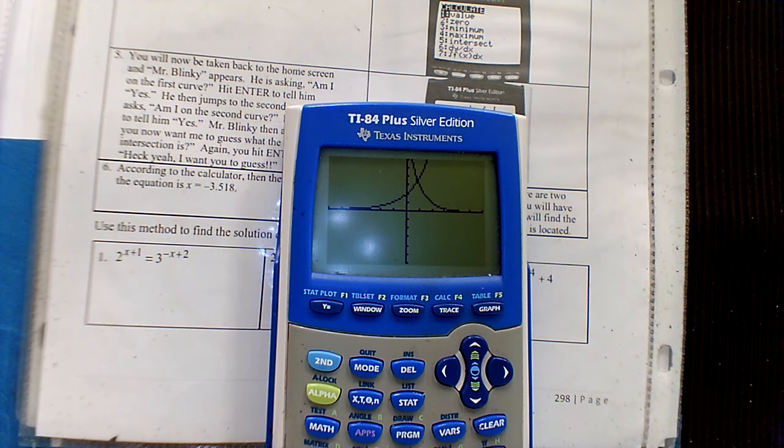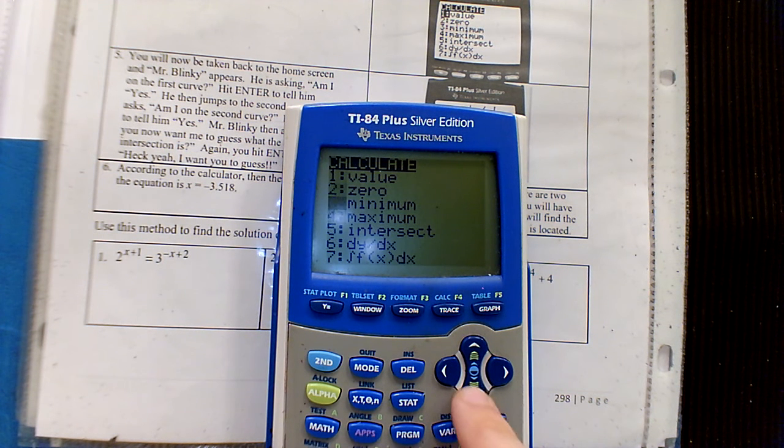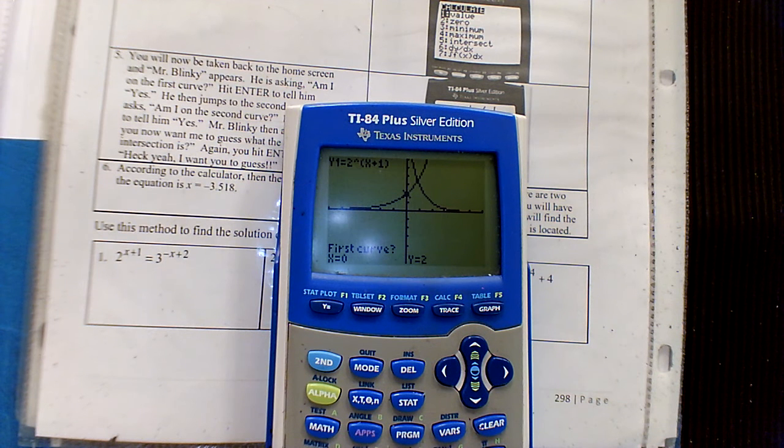The question is, do we remember from Thursday, I know it was a long weekend, what buttons we press to get the calculator to tell us that spot? There we go. Okay, second trace, our go-to menu for anything graph. Choose option 5. Okay, so far so good. This is telling the calculator we want to find an intersection, but how do you tell the calculator how to find it?